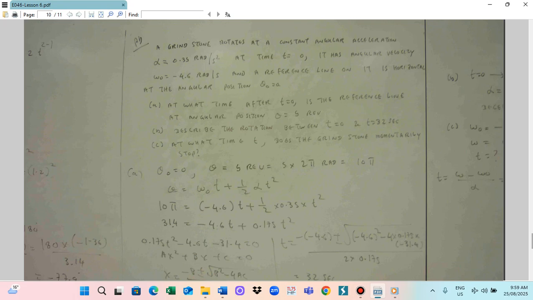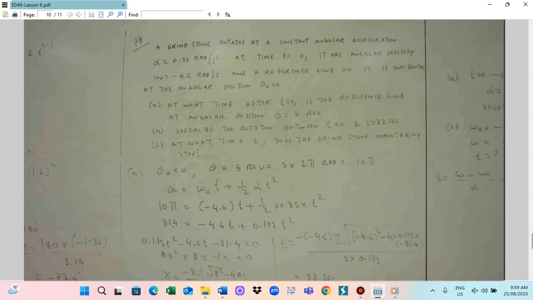One revolution is 2 pi radians, so this is 10 pi radians. We can calculate theta as omega 0 t plus half alpha t squared. So the final theta is 10 pi, omega 0 the initial velocity is minus 4 by 6 into t, plus half alpha, which is 0.35 halved, into t squared.